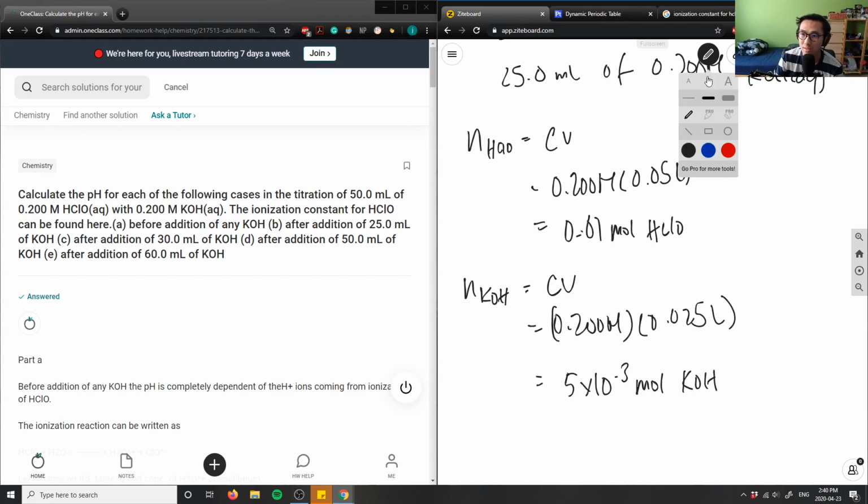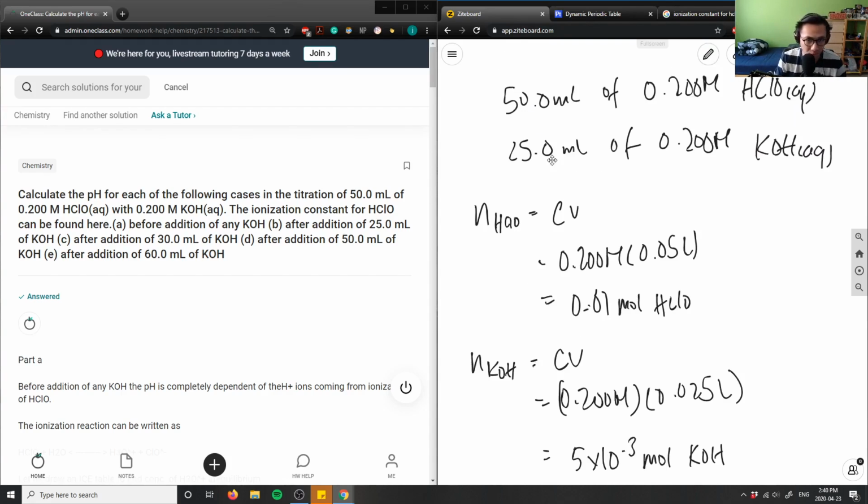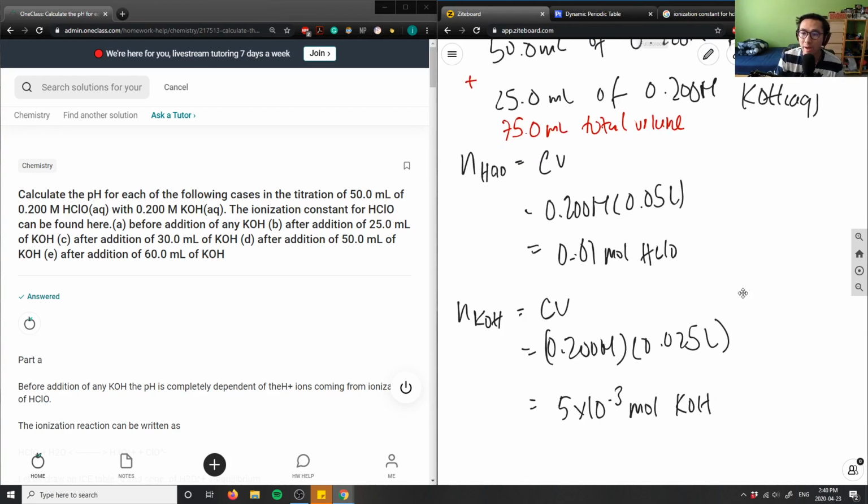Now I can divide these moles by the total volume, and the total volume in this case is 50 plus 25, which is 75.0 milliliters. So I have a new concentration of both my acid and my base.